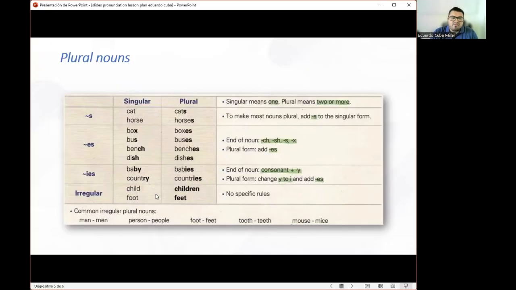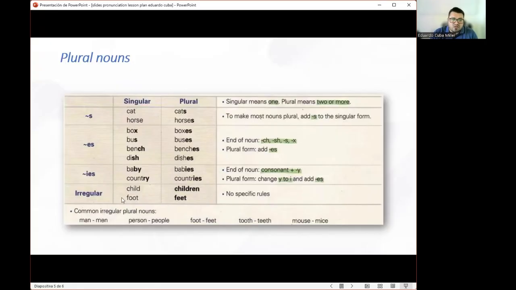Correct. Finally, guys, we got what we call the irregular plural nouns. These irregular plural nouns, they do not follow a specific rule. There are no specific rules for the irregular plural nouns. In plural, these nouns, they change completely. For example, in singular, we can say child, but in plural, we say children.